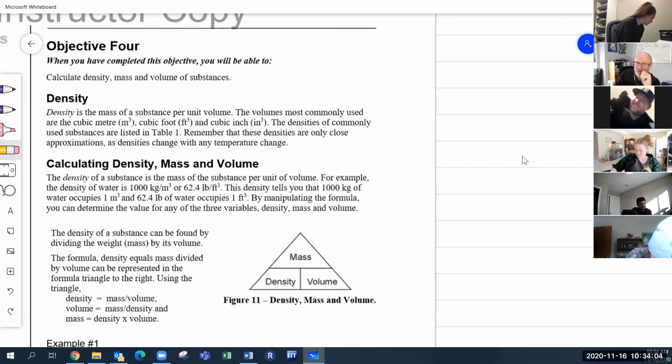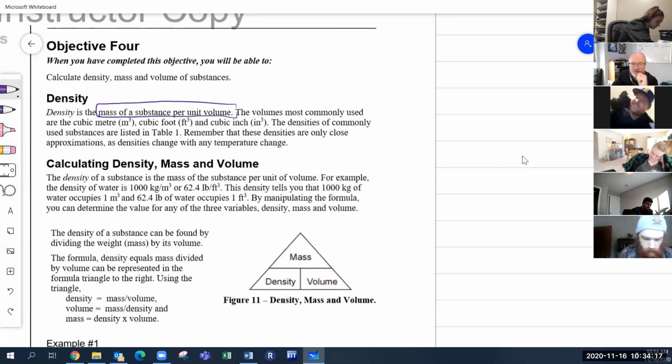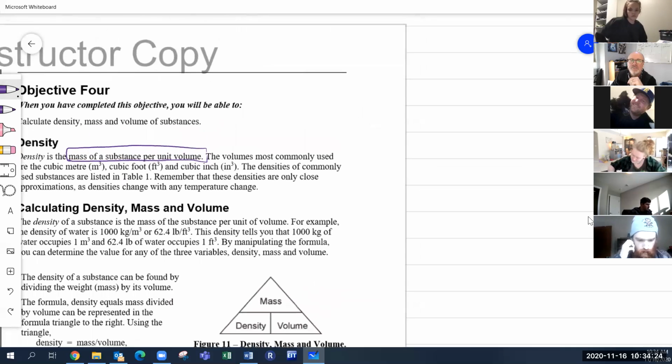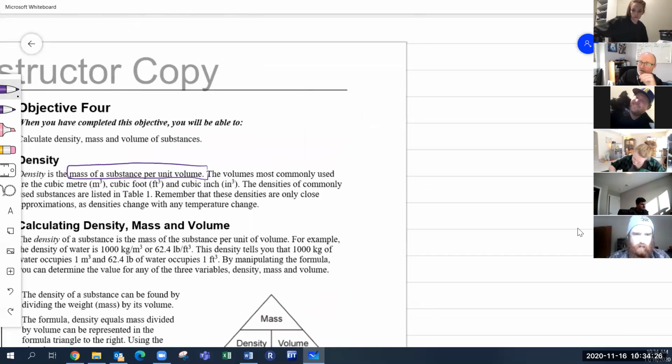Now, density is the mass of a substance per unit of volume. So this is really important right here: mass per unit of volume. We kind of started talking about those if you don't already know.